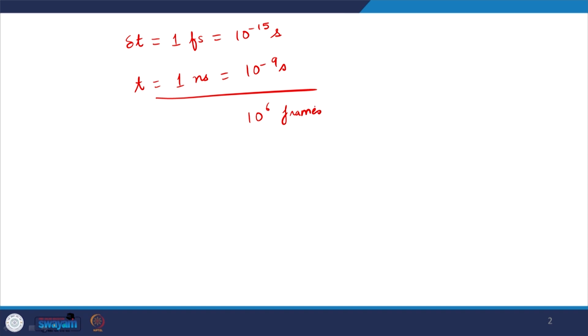And each of these frames will contain the coordinates and the momenta, that is in total 6 variables for the number of particles in the system.